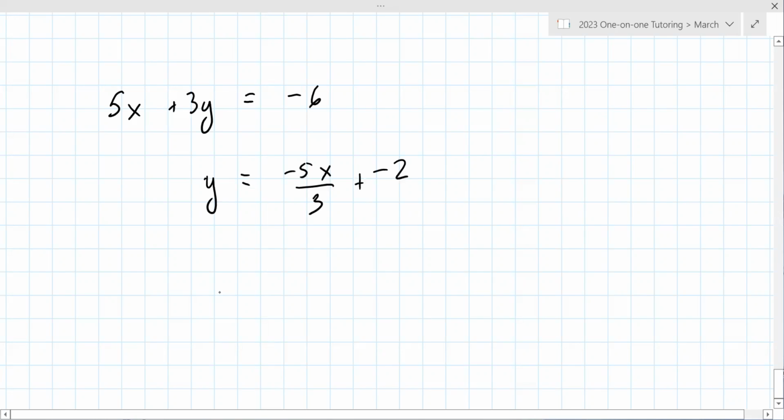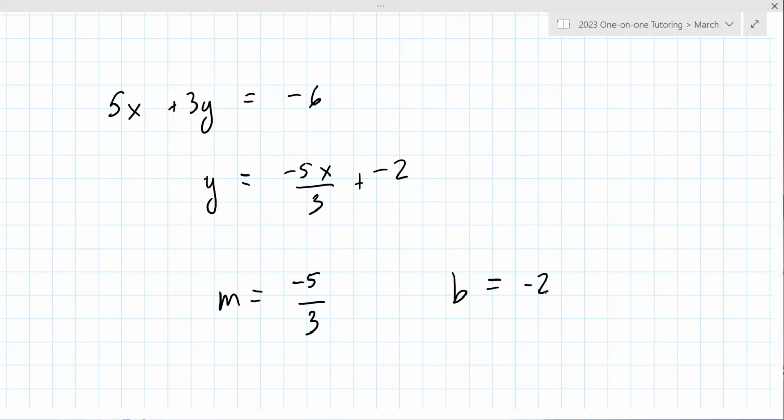Yes. So what would be the slope? What would be the b value? The slope would be -5x over 3. The slope is a number, it does not include x. Very important. If you write x, they will mark you wrong, because the slope is a number. And then b is just -2. Yes. I think I get that one now.